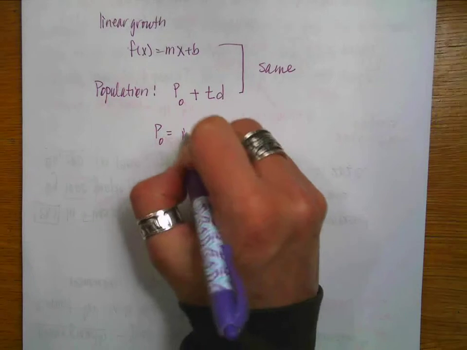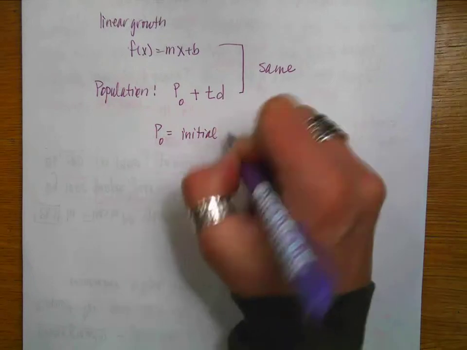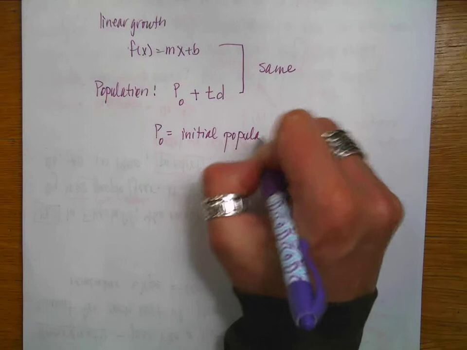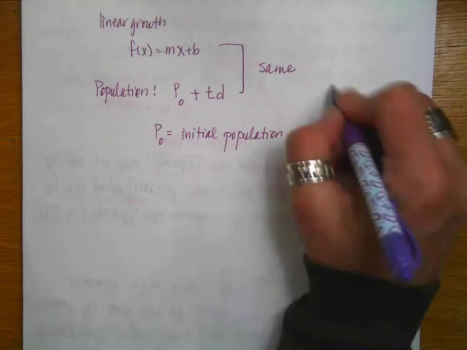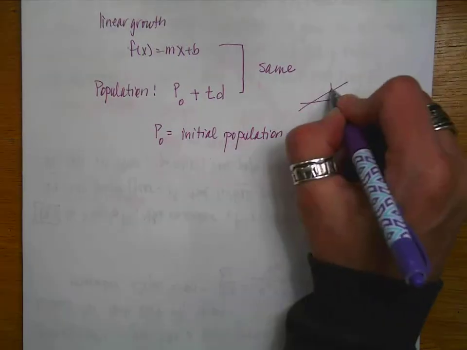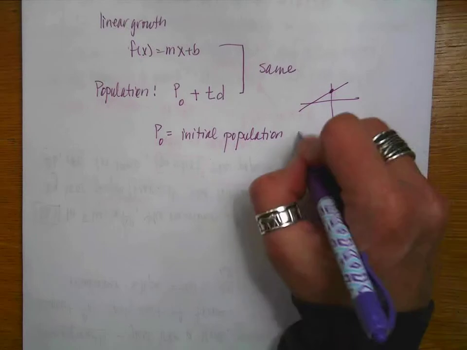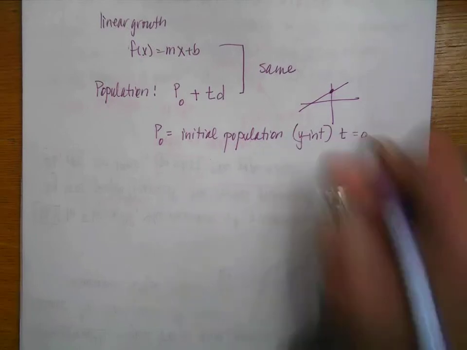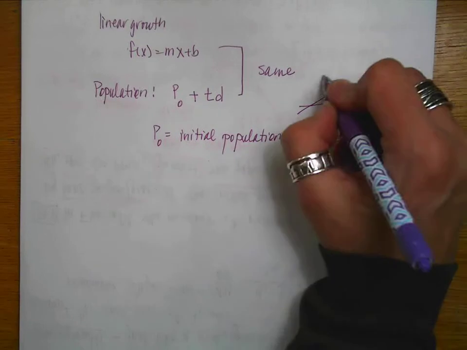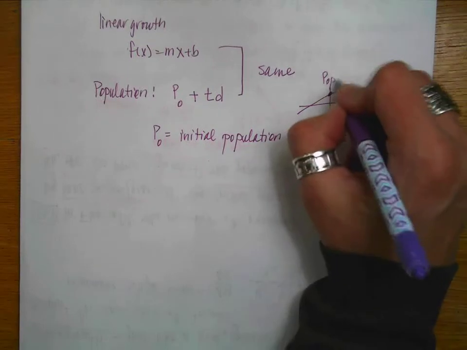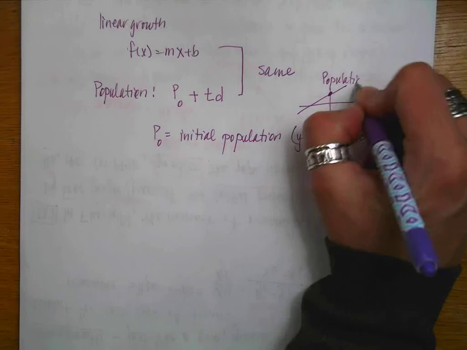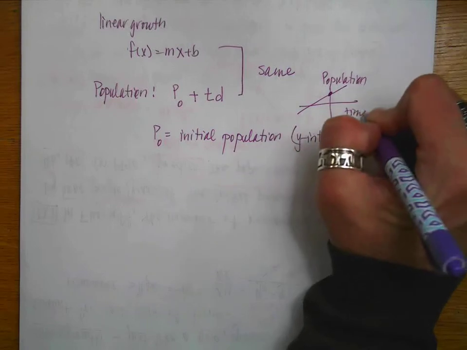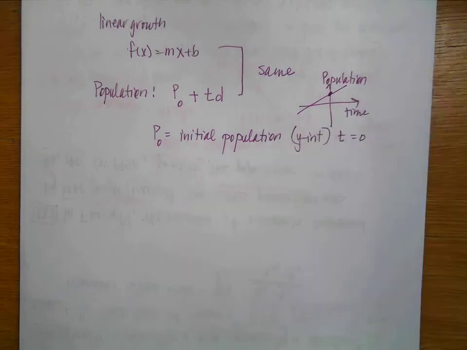So p sub 0 is going to equal the initial population. And if you think about a graph, right, there's the initial population. It's going to be the y-intercept. And that happens when time is equal to 0 because our y-axis is going to be population and our x-axis is going to be time.